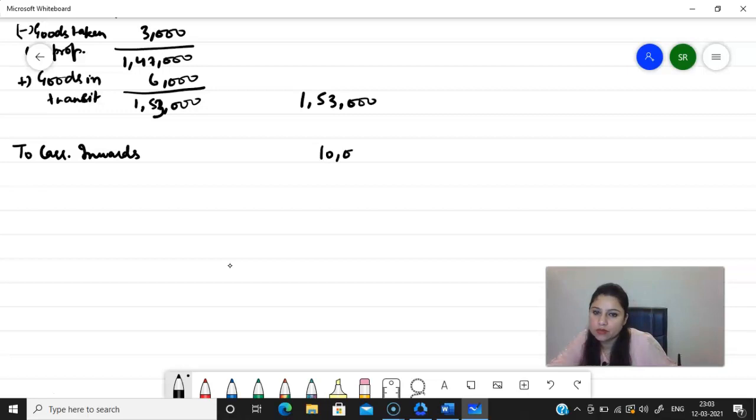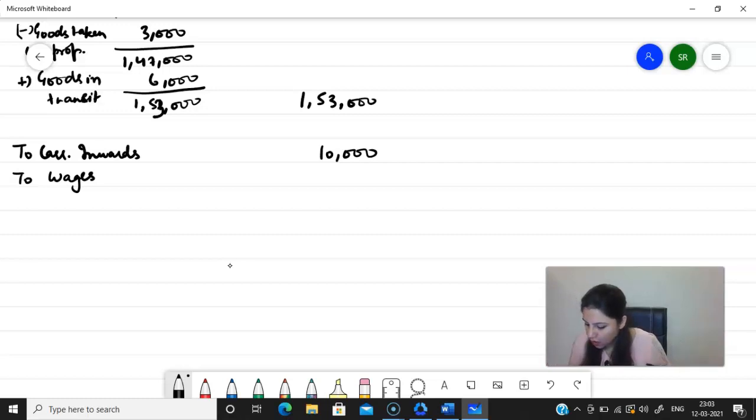Here we would be accounting for the same. Again, after carriage inwards, we have the wages, amounting to 30,000. However, in point number 5, it has been said that outstanding wages amounted to rupees 4,000.